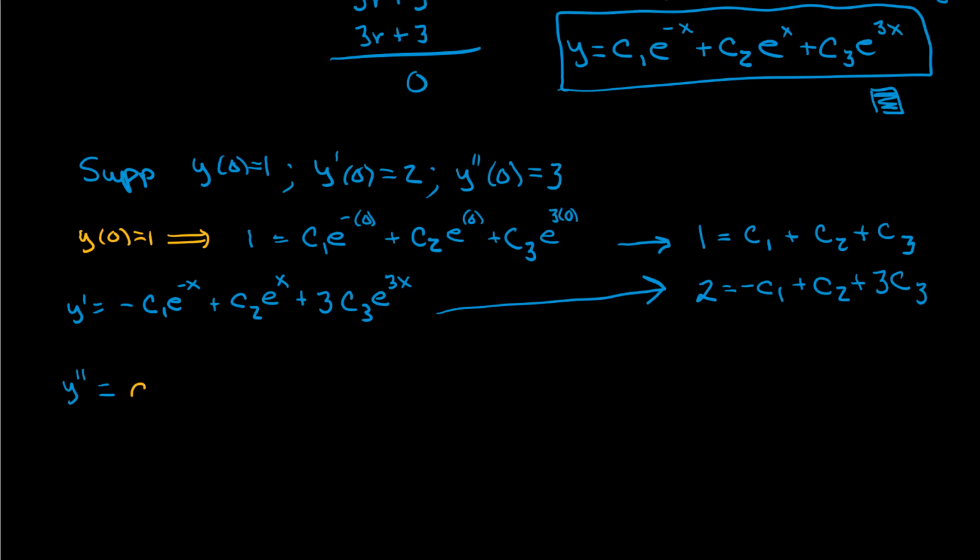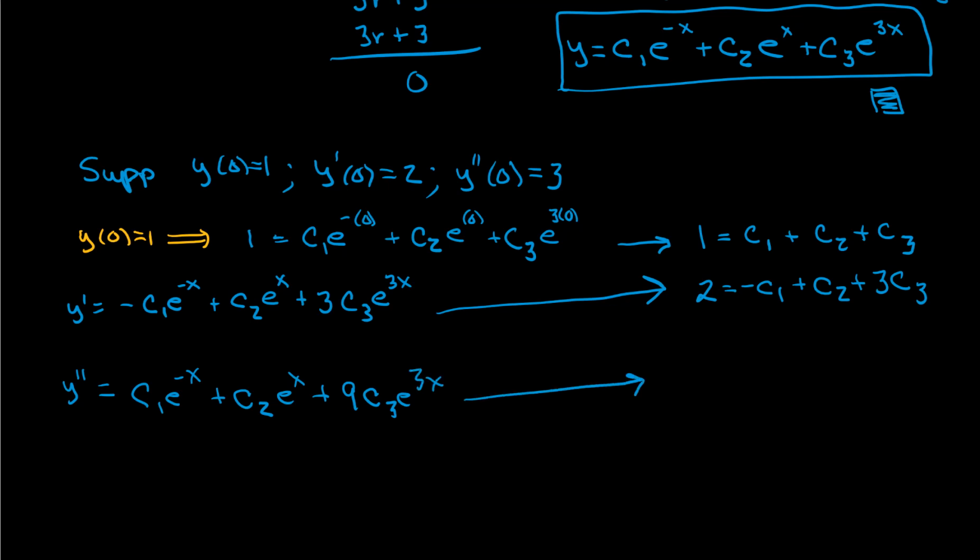which is going to give us c1 e to the negative x plus c2 e to the x plus 9 times c3 e to the 3x.